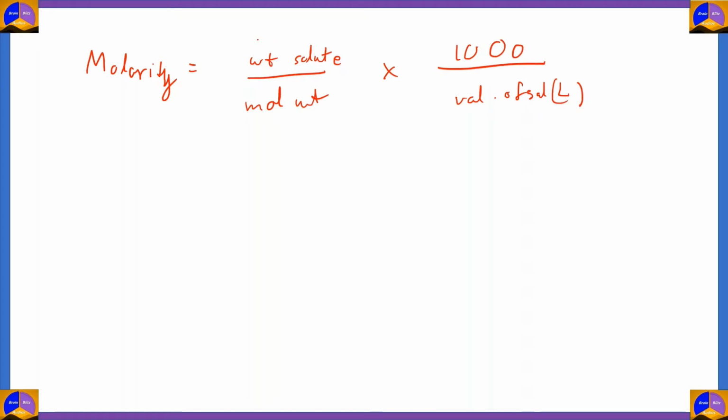Basically, this represents the number of moles of the solute. The volume of solution needs to be in liters and we have it in milliliters, so we divided by 1000, and it came to the top.